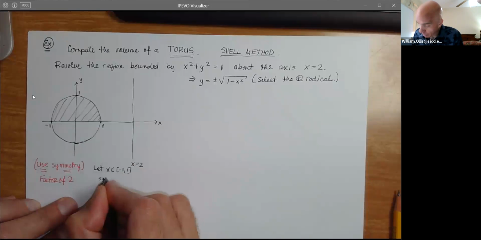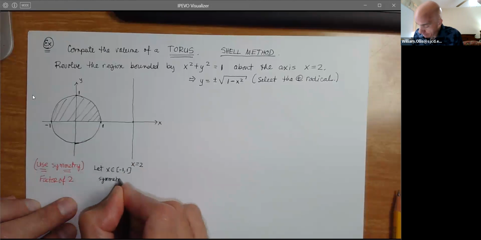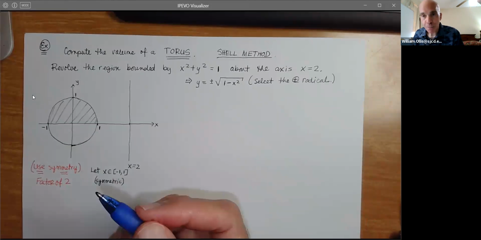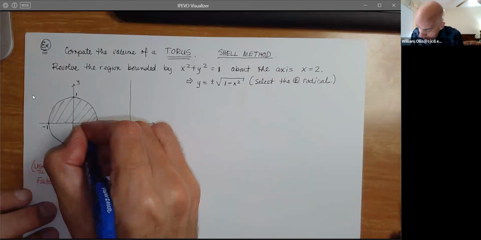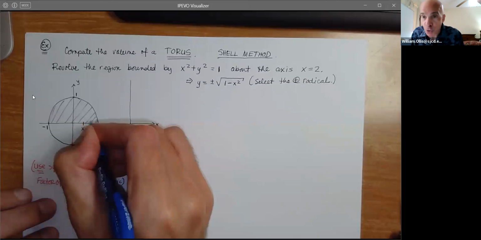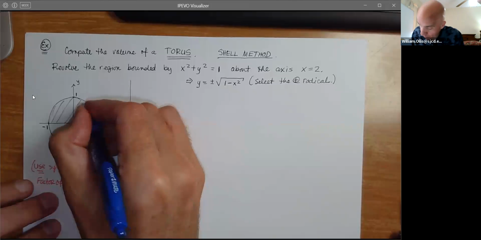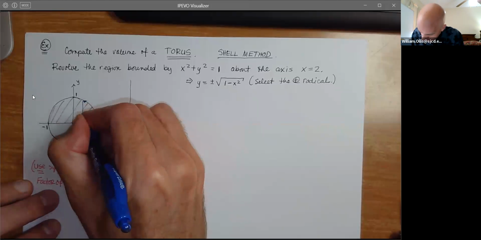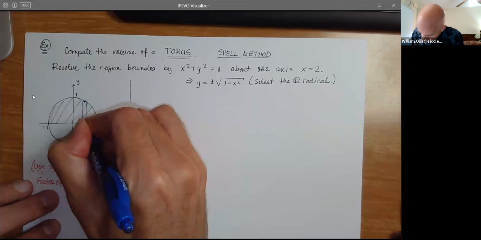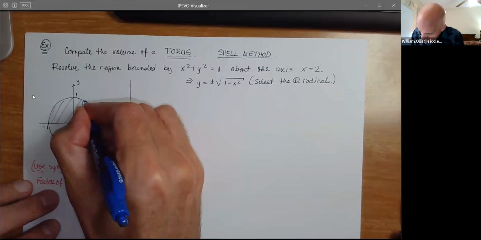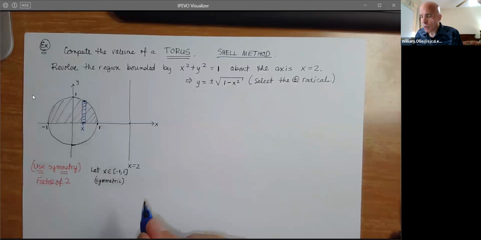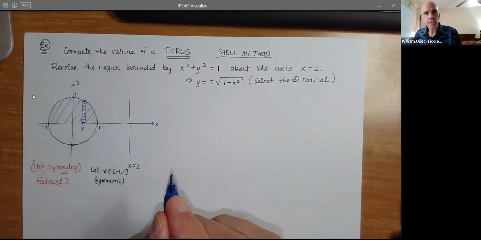Again, symmetric. And so now what we can do is pick an x and draw the rectangle. So now we're thinking, okay, this is not so bad.